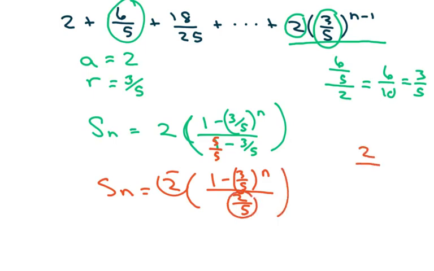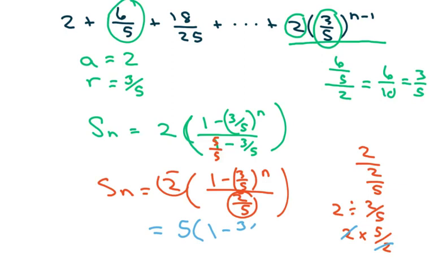This is 2 divided by 2/5, which is the same as 2 times 5/2, in which these two will cancel and you just get 5. So your answer is 5 times 1 minus 3/5 to the nth power.